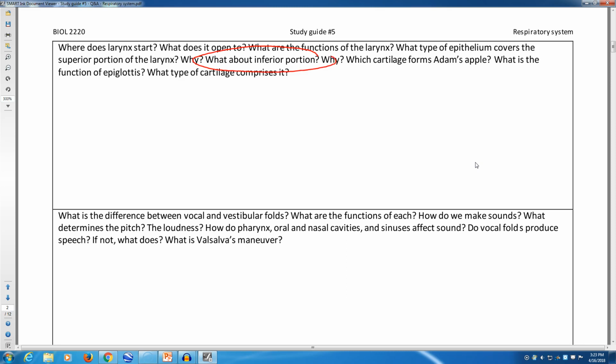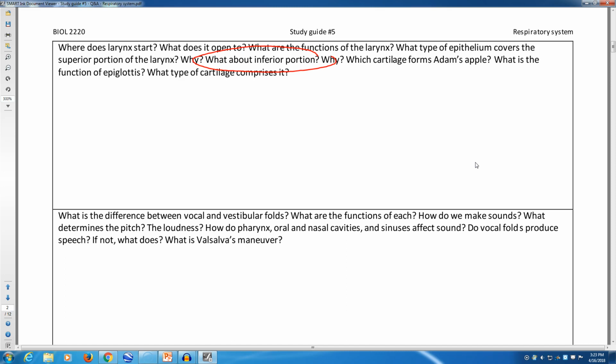When I ask why, don't tell me it's God's intended purpose. What I mean is the upper part of the larynx can be in contact with food, so stratified squamous. Lower part of the larynx, only air, so pseudostratified ciliated. Clear?